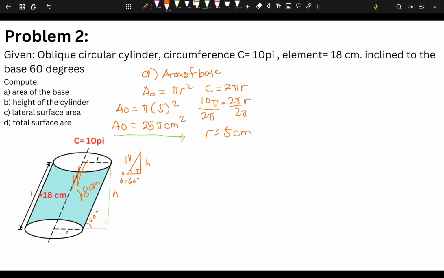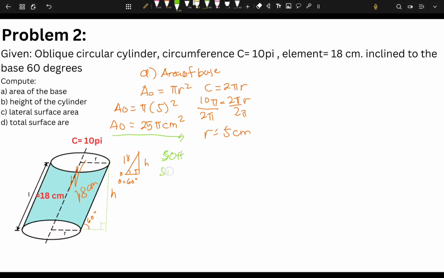So, eto, ano pinapahanap? h. So, given tayo ng 18 cm, which is the hypotenuse, right? Tapos, meron tayong angle. Kung nandito yung angle natin, ano niya tong pinapahanap na to? That is opposite. So, opposite and hypotenuse yung given natin. Sa SOHCAHTOA, saan yon? That is SO.